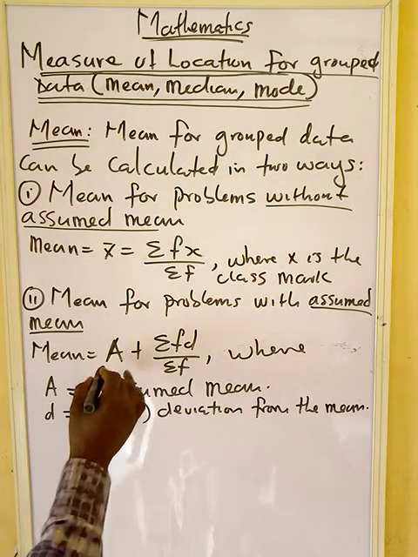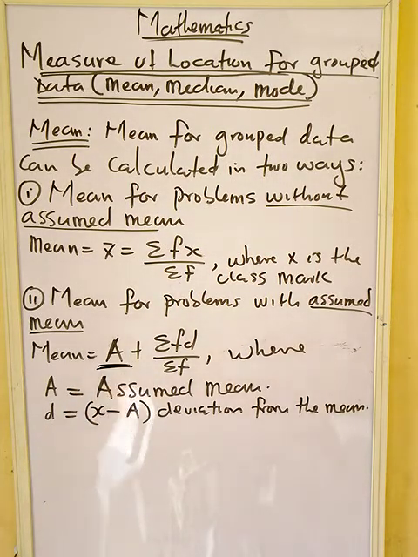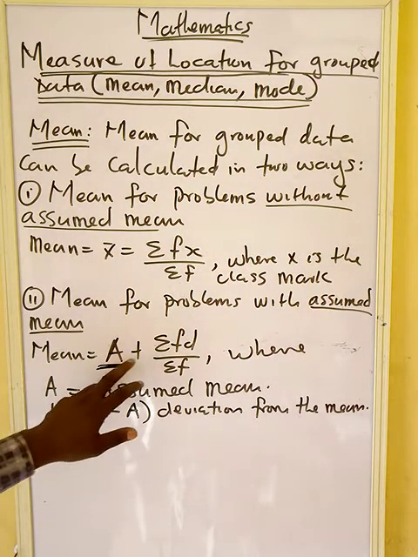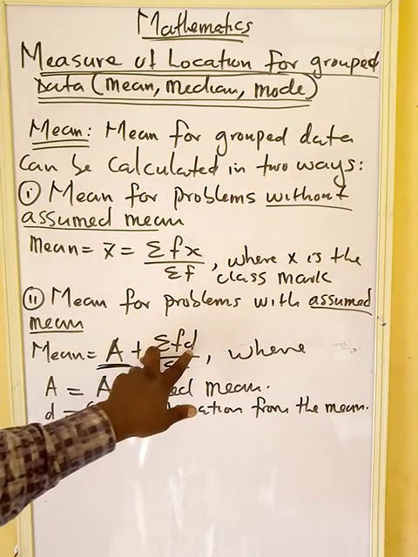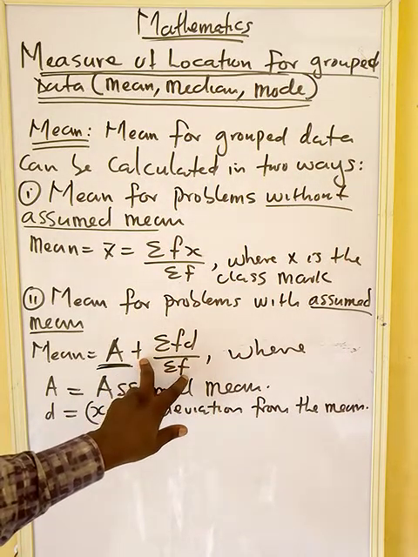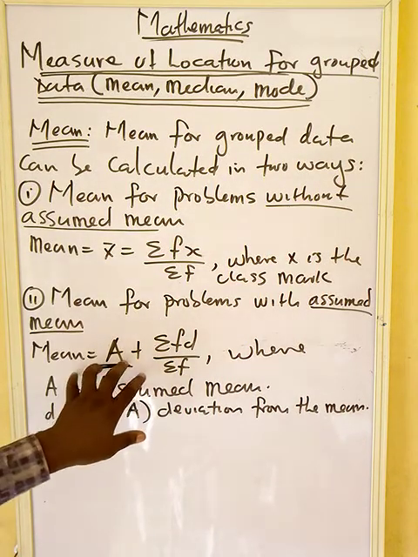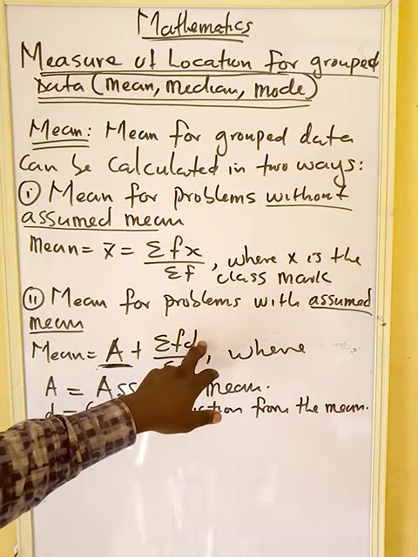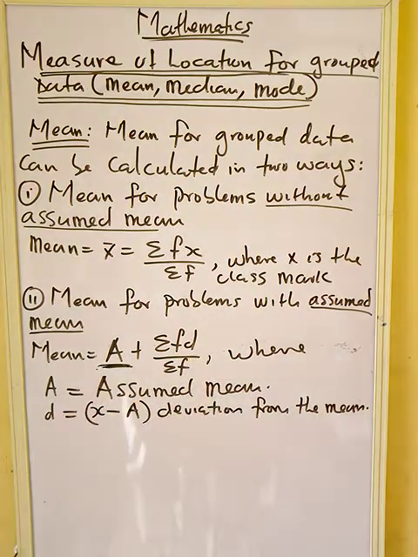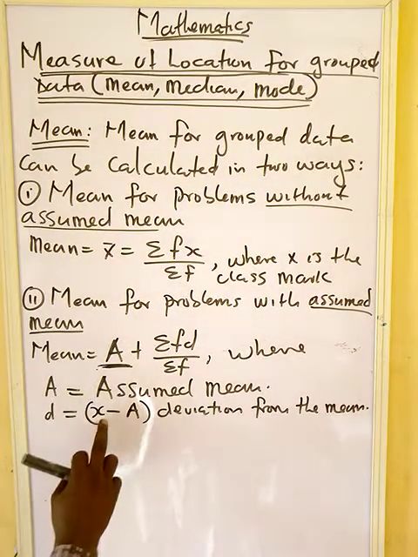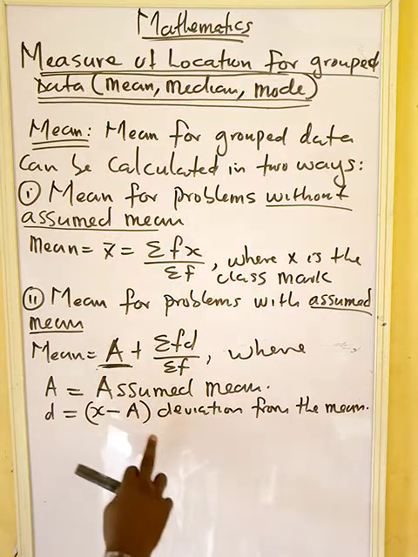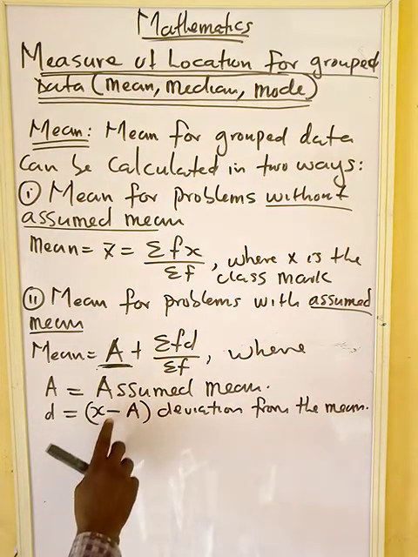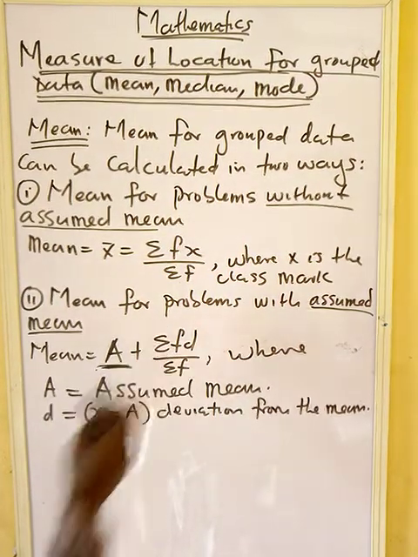The examiner will surely give you the assumed mean. It is a plus summation fd over summation f, where a is the assumed mean and d is x minus a, the deviation from the assumed mean.